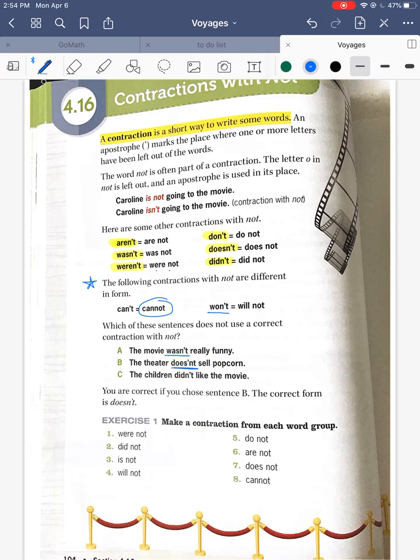The children didn't like the movie. Let's find them up in this chart up here. So wasn't is was not. So the movie was not really funny. W A S N apostrophe T. That one's correct. Doesn't, D O E S N apostrophe T. They didn't spell it right.